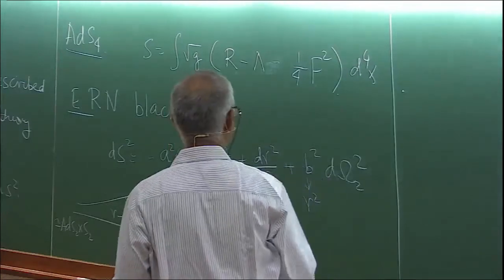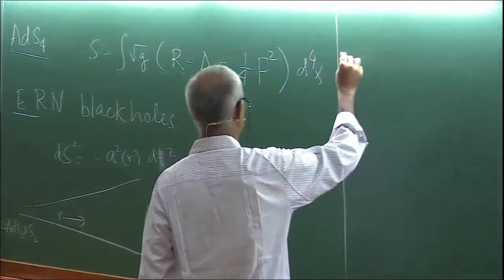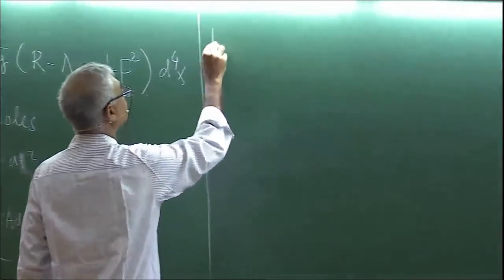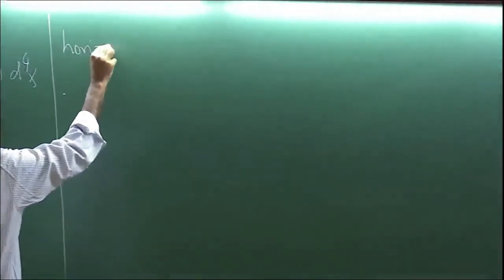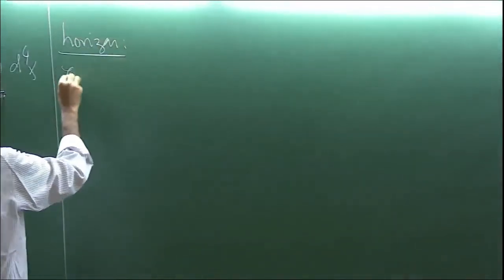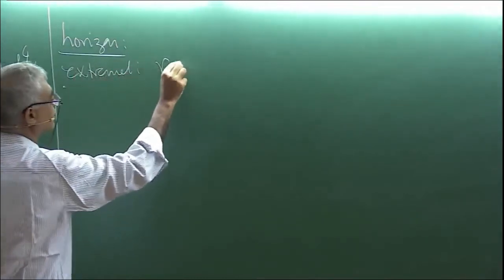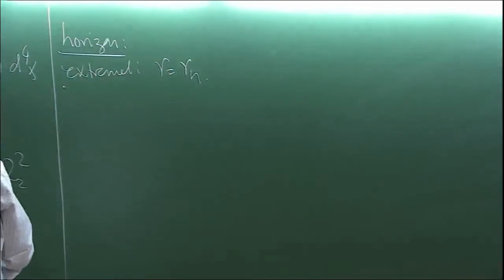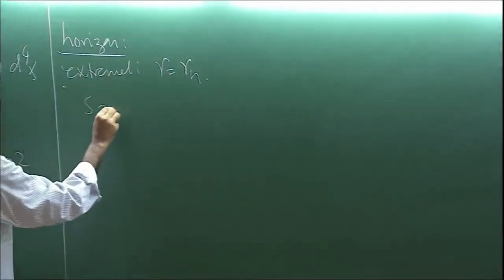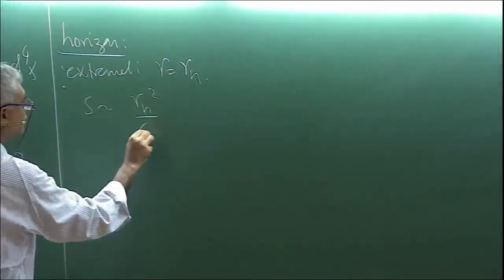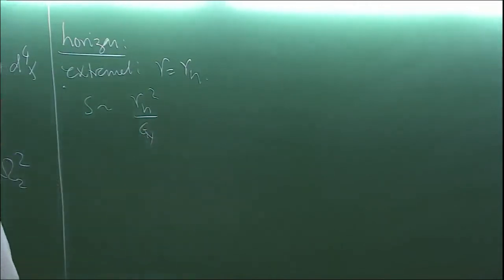The horizon for the extremal black hole will be located at r equals, let's say, r_H, and therefore the entropy will go like r_H squared over G Newton. So r_H is an important parameter.